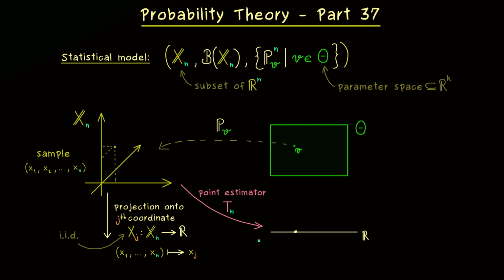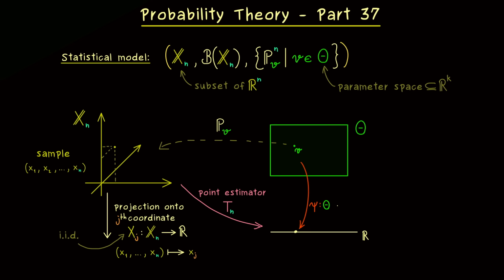And now the connection to the parameter space theta is given by a real valued function we can call psi. So this is the actual quantity the point estimator is related to. For example, it could be the expectation or the variance of our probability distribution. And that's already it. This is how we extend the definition of a point estimator for the case that the parameter space theta is not just the real number line.